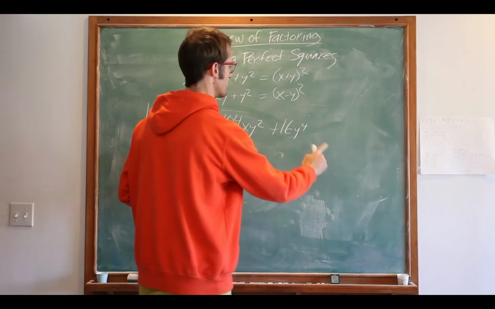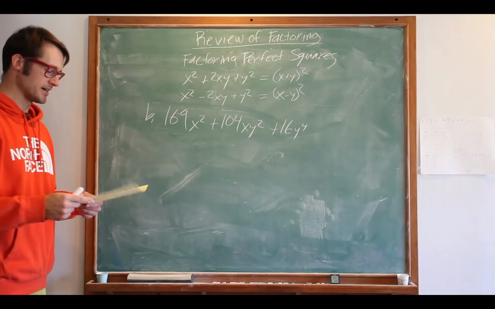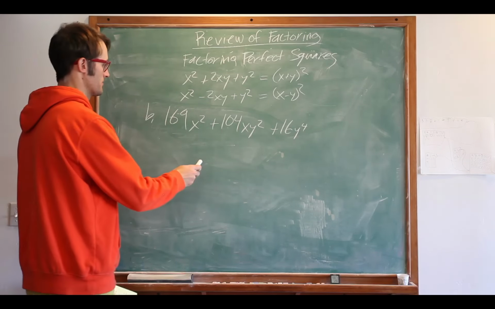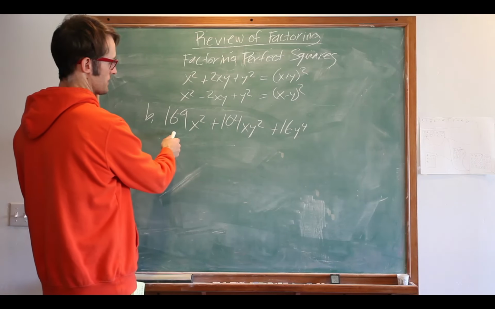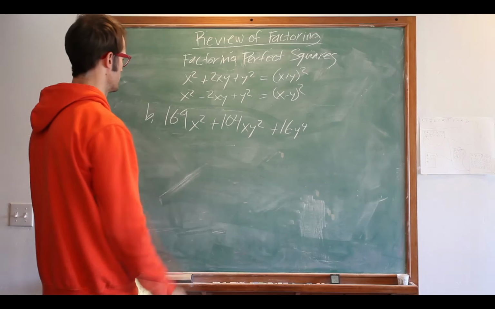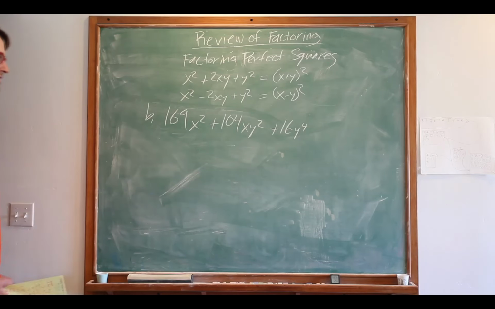So, looks kind of scary, but it's actually not. Let's just think about what the square root of 169 is. It's 13, and the square root of 16 is 4. So you know you're working with something like 13 and 4.